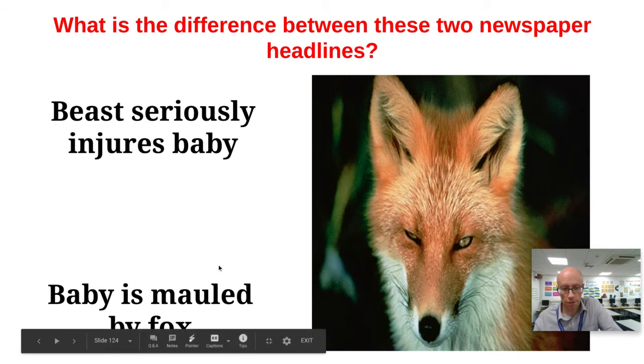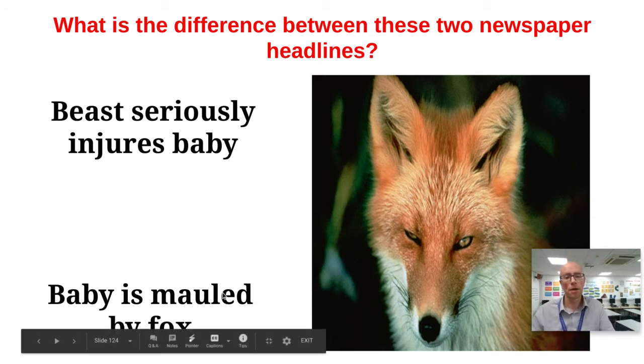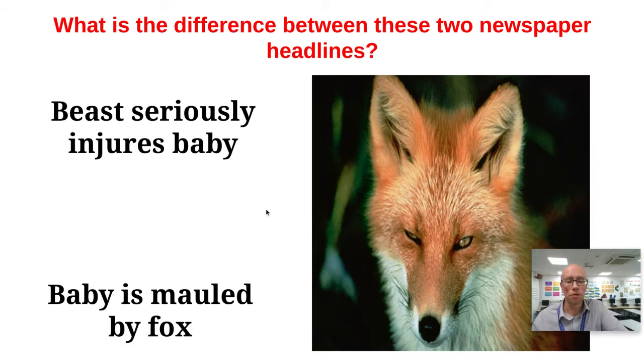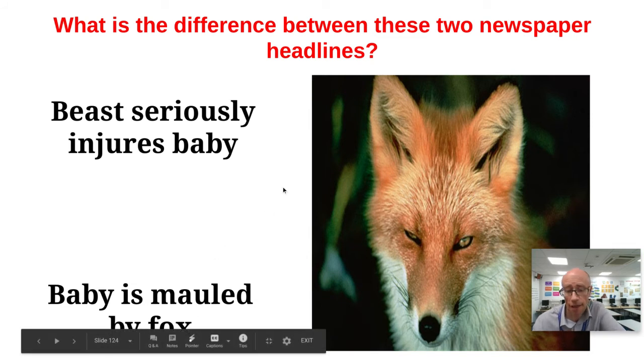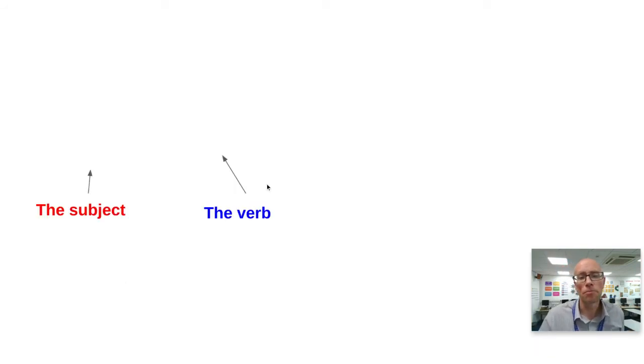We've got the verb to maul, which here is presented in the passive voice. So we've got a form of the verb to be, followed by the participle form of the verb, and then we've got the perpetrator of this crime, the fox, and that's been relegated to the back end of the sentence. So they mean the same thing, but the fact that one is active and one is passive puts a different tone and a different perspective onto the information.